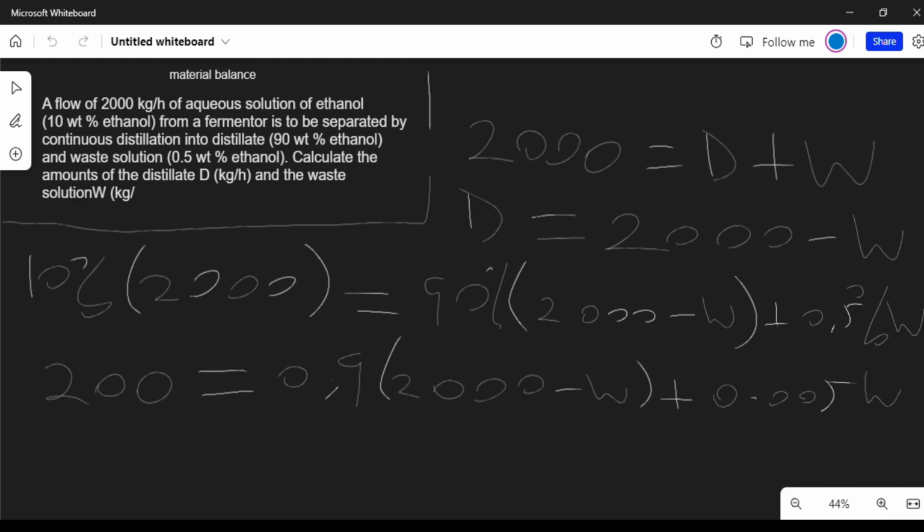Now with this equation, if you work it out perfectly, you would end up getting the value for W, which is supposed to be 1787.71 kilograms per hour. This value represents the quantity of waste solution that was obtained after the whole process.